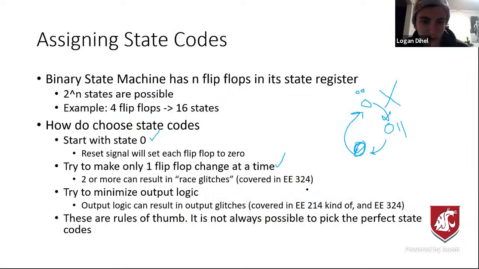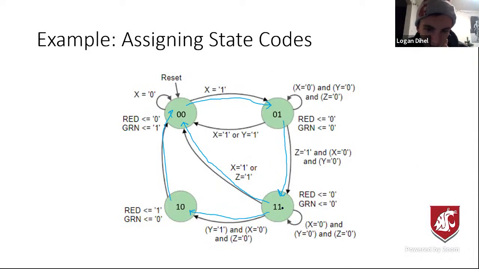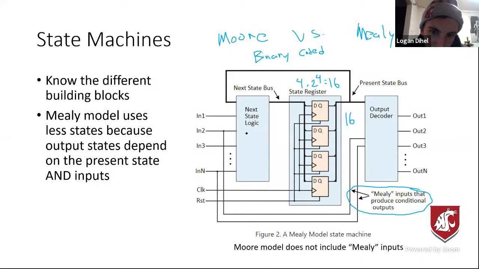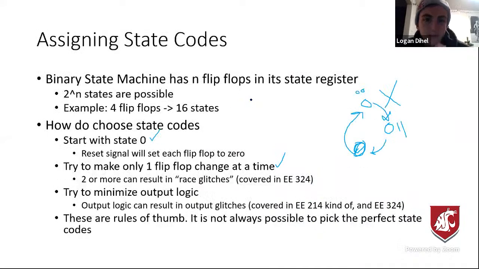The reason that you don't want to do that is these flip-flops will not change at the same time. So when I'm going from 1, 1 to 0, 0, either I'm going to pass through state 0, 1, or I'm going to pass through state 1, 0 on the way, just because of delays in the next state logic right here.